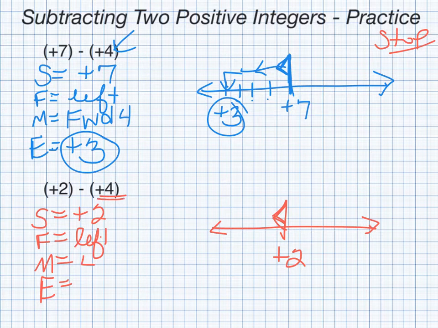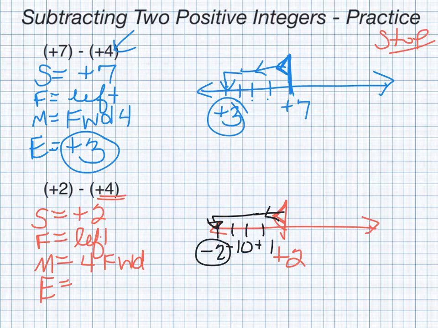This tells me to move 4 places forward. Because I'm facing in this direction, this is forward. 1, 2, 3, 4. This is where I end. That's positive 2, so this is positive 1, 0, negative 1, negative 2 is where we finished. So the answer is negative 2.